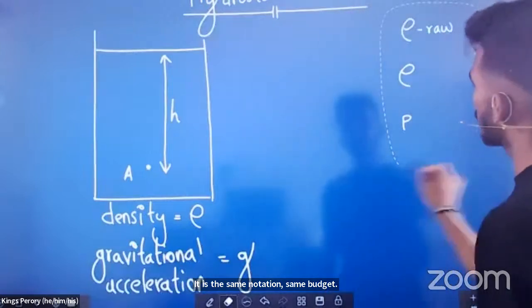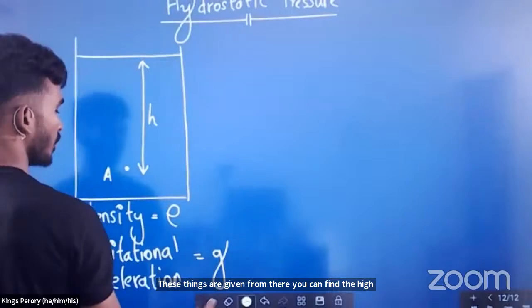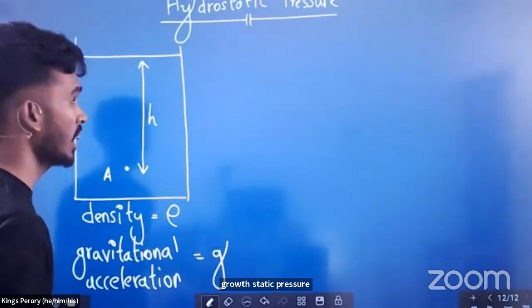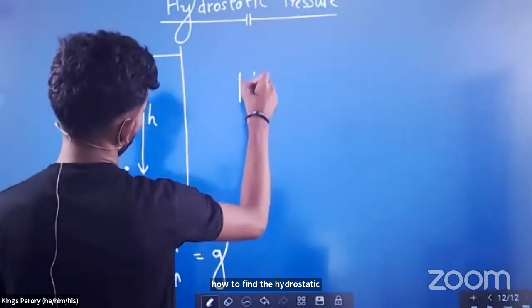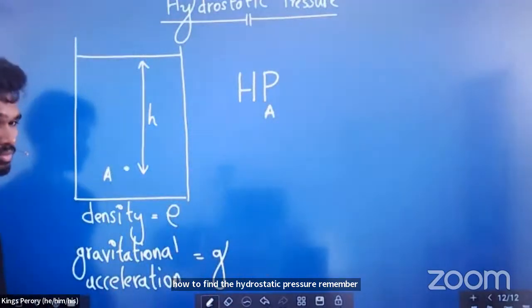From there, you can find the hydrostatic pressure. How to find the hydrostatic pressure? Remember, hydrostatic pressure at point A. Point A is here.